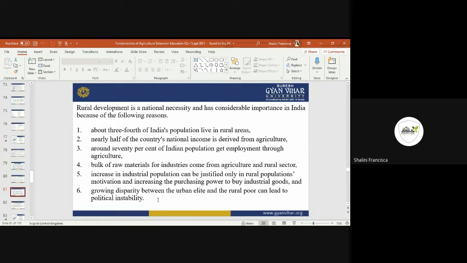Like in parliament, if some MLAs, as representatives of the village people, say we need roads, a bridge, good food, or vaccines from the government, in the urban areas it's already provided as a primary necessity, but in the rural area it is a huge thing that people are not getting. So we need to keep all these things in mind and go for rural development and work out how to develop it.